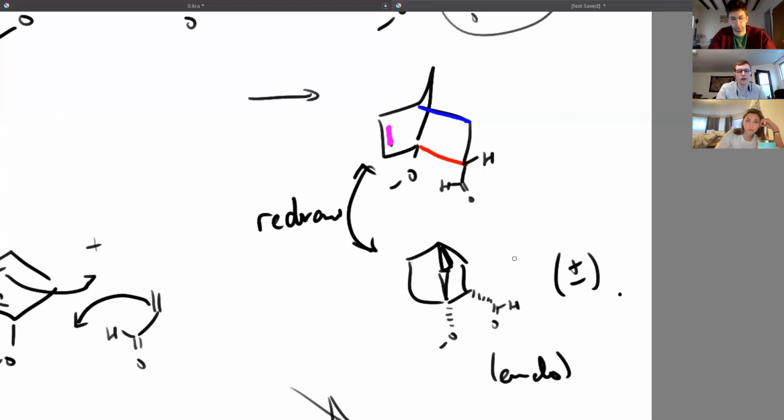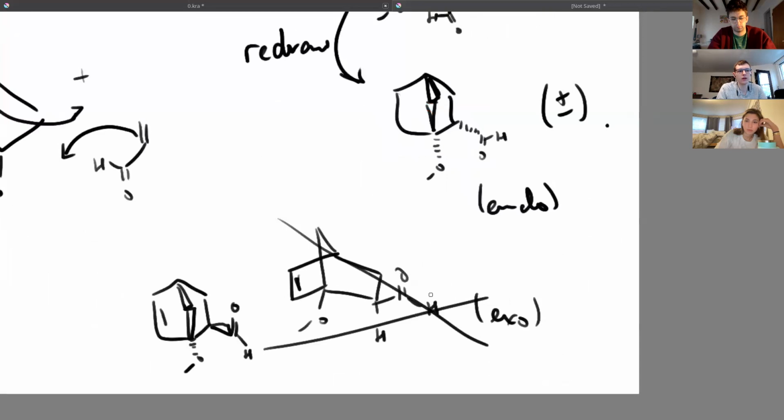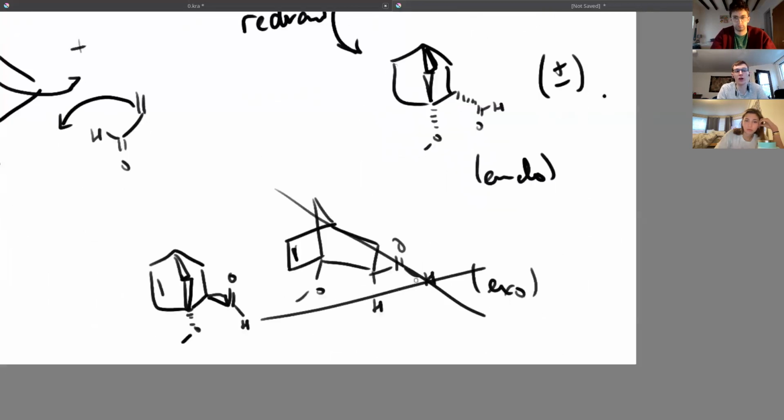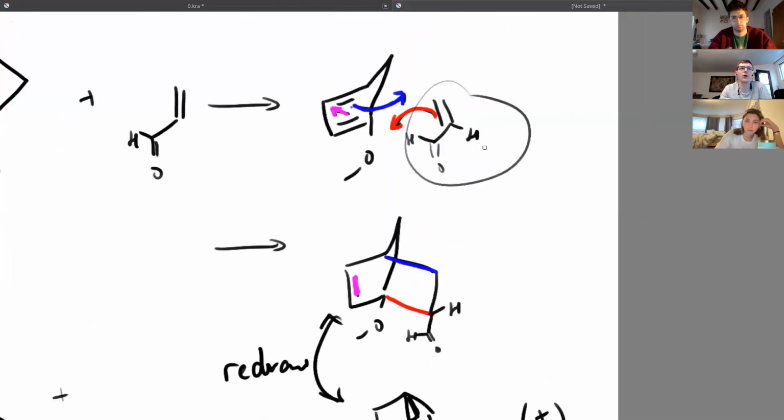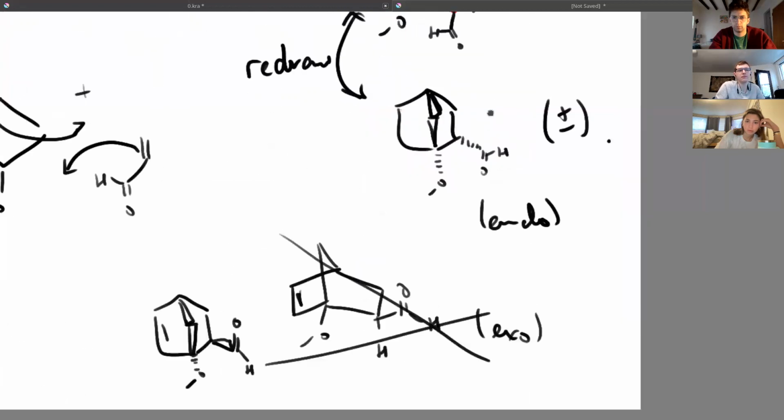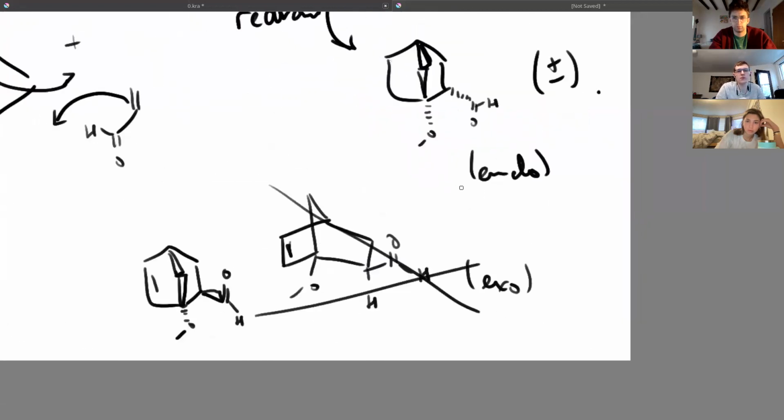How would that change it? If you were making the exo product, then this carbonyl would be equatorial here. It would be on this side over here, and whatever would be on this side would point down, and the carbonyl would be going up. Oh, I get it now. Thank you. I didn't see that part.